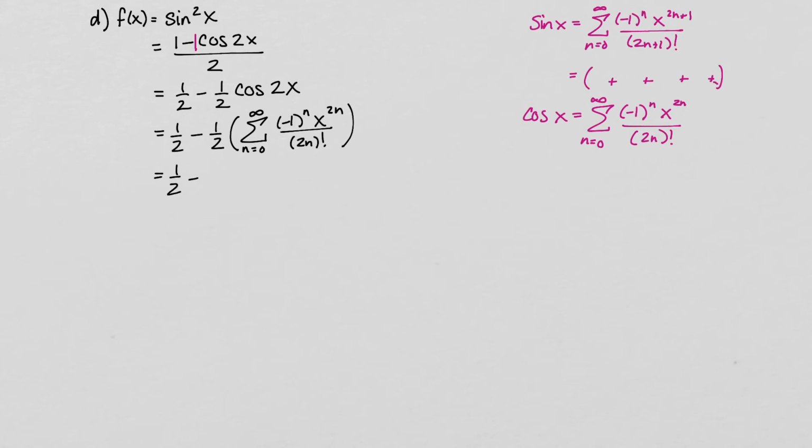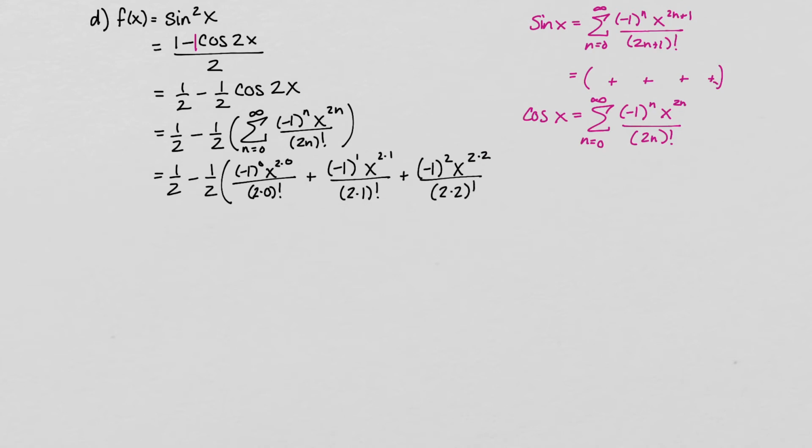I'm going to have 1/2 minus 1/2 times: if I plug in 0, we have negative 1 to the 0, x to the 2 times 0, all over 2 times 0 factorial, plus negative 1 to the first, x to the 2 times 1, all over 2 times 1 factorial, plus negative 1 squared, x to the 2 times 2, all over 2 times 2 factorial, plus negative 1 cubed, x to the 2 times 3, all over 2 times 3 factorial, and so forth.